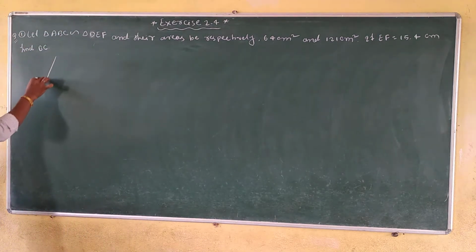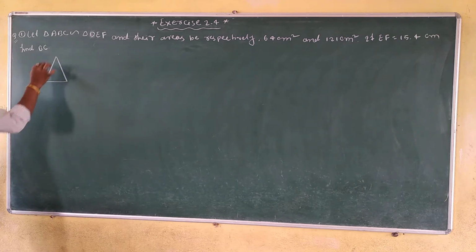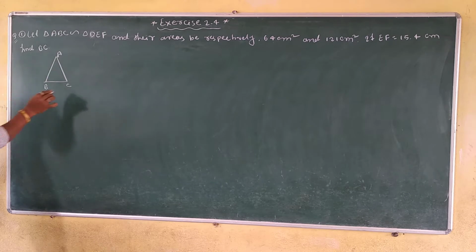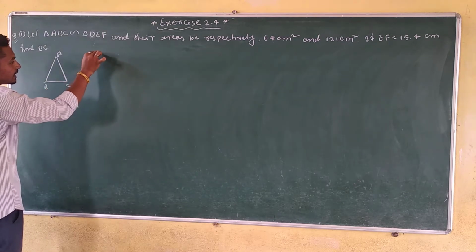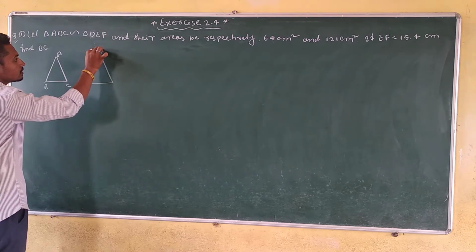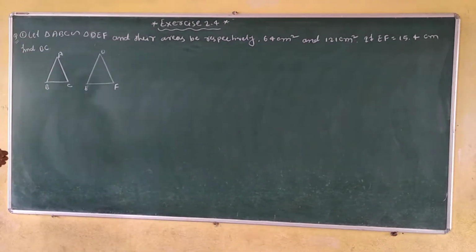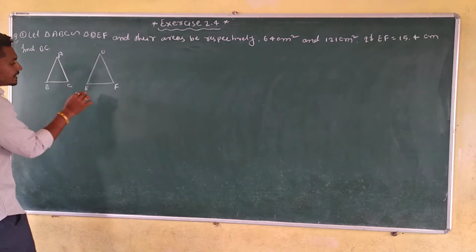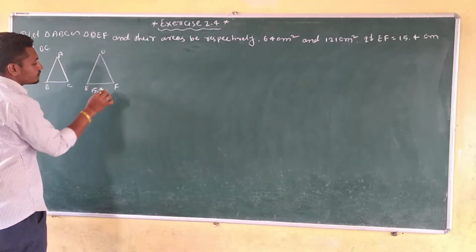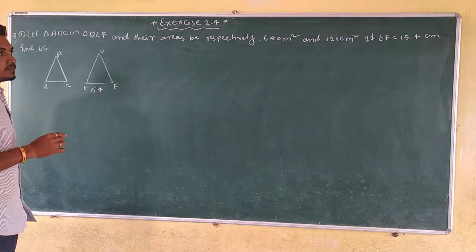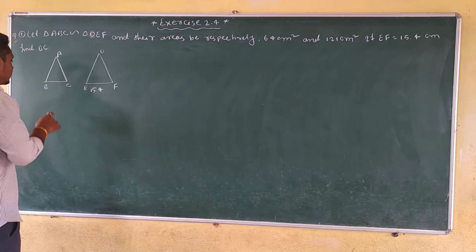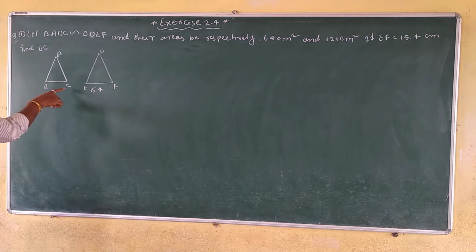The given triangles are triangle ABC and triangle DEF. The side EF is 15.4 centimeter, and now we have to find BC.